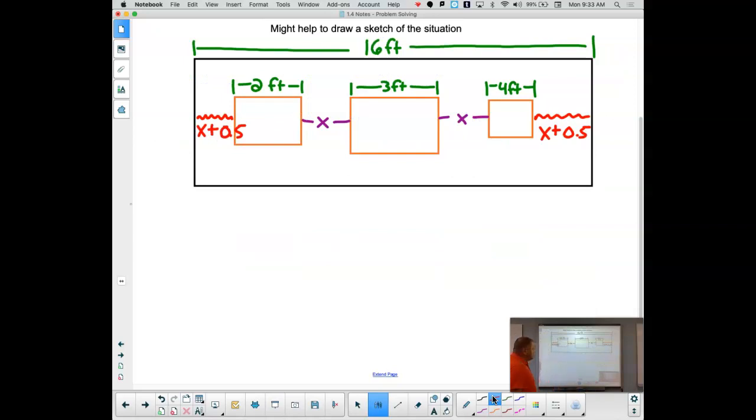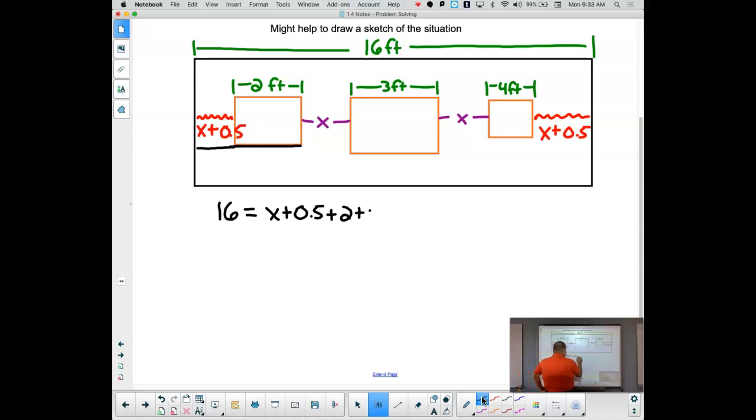Okay? So now we need to come up with an equation based off of this. Well, I know the entire width of my wall is 16 feet. And if I start over here on the left side, I would go X plus 0.5. And now I am to here. And then I would go plus 2. And now I am to here.